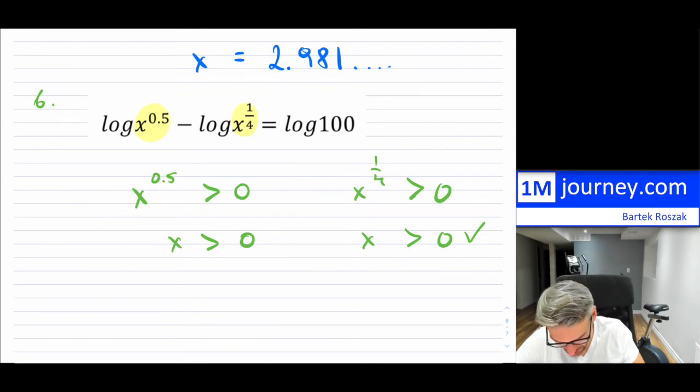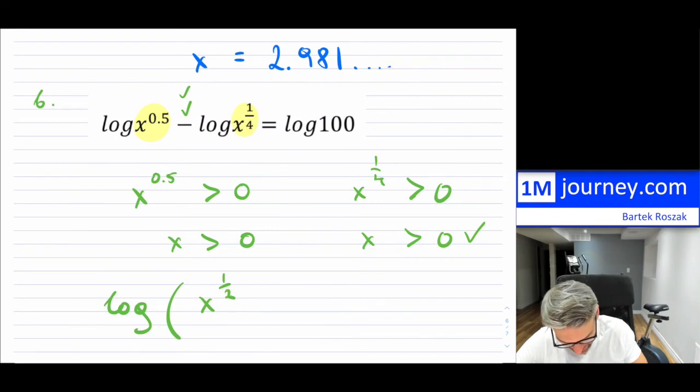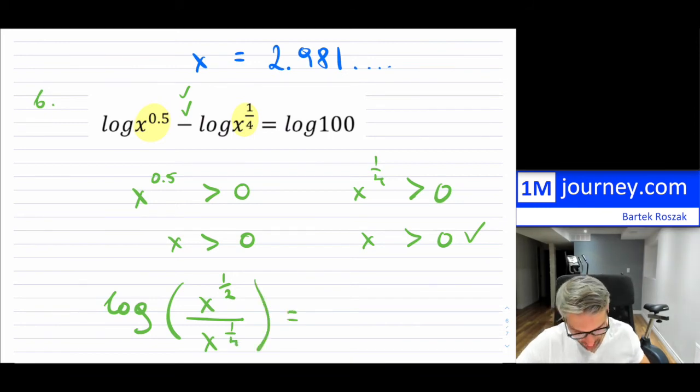Now, trying to solve this, I right away see the negative here, so I'm going to bring these together. This is going to be x to the half, because it's the same thing as 0.5, over x to the quarter, equals log of 100. This is just 2, right?